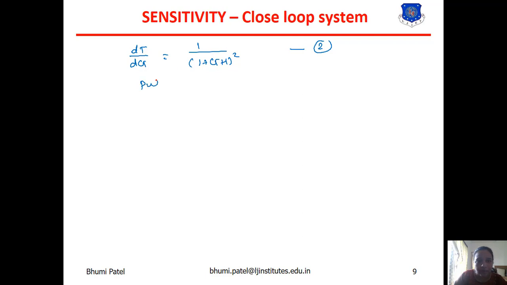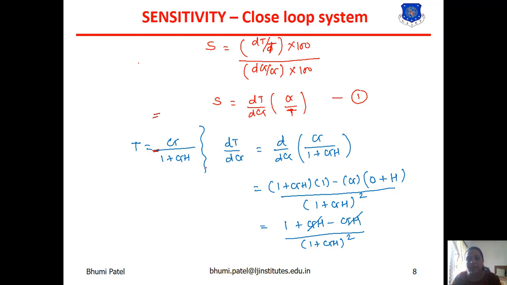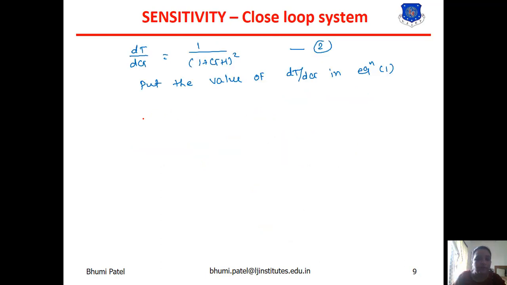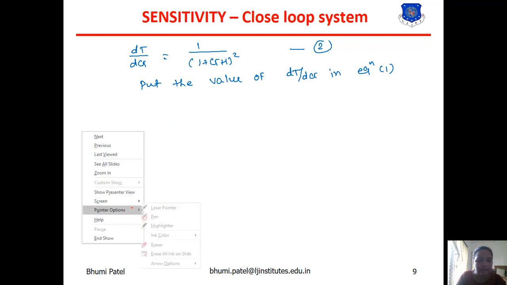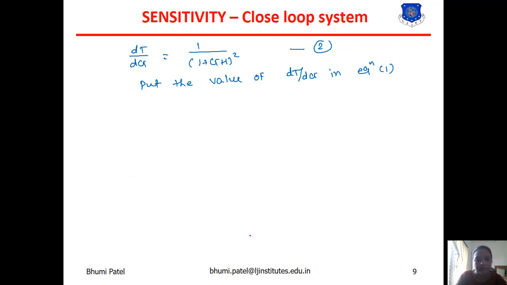Now put the value of dT by dG in equation number 1. Here you can see that this is equation number 1, S is equal to dT by dG in bracket G by T. So we get the sensitivity S is equal to 1 upon 1 plus GH whole square in bracket G by T.